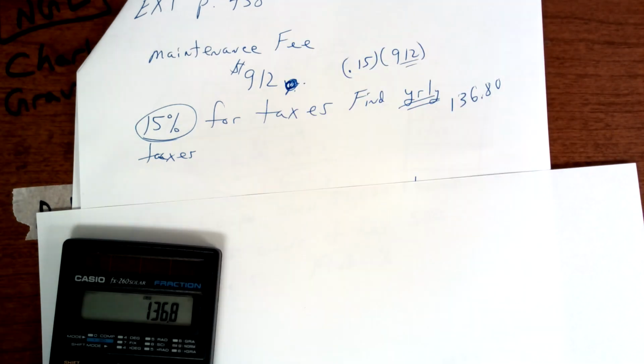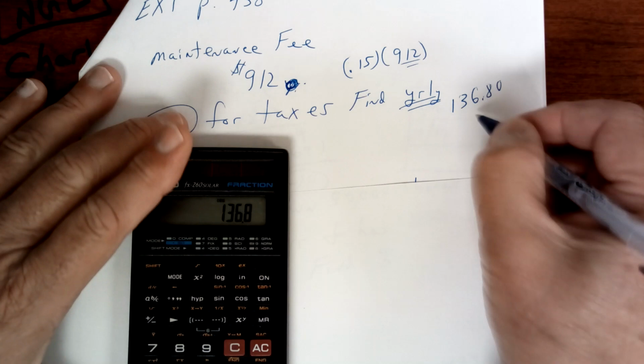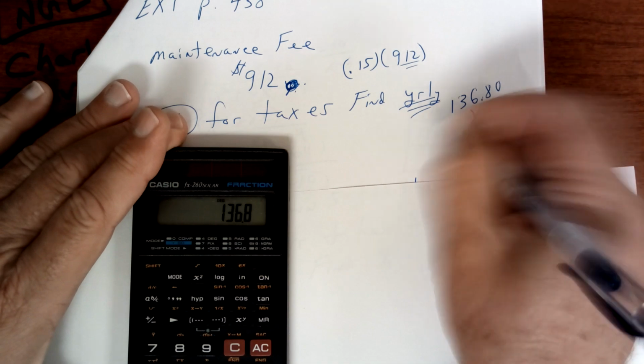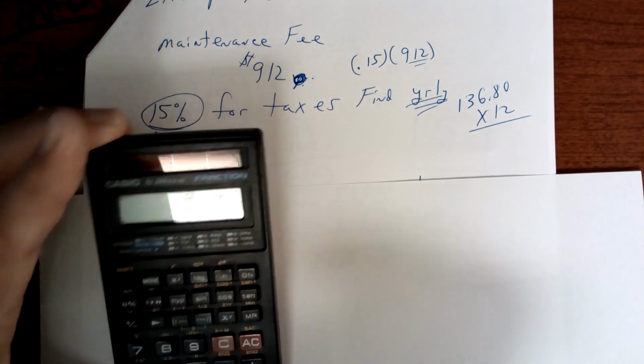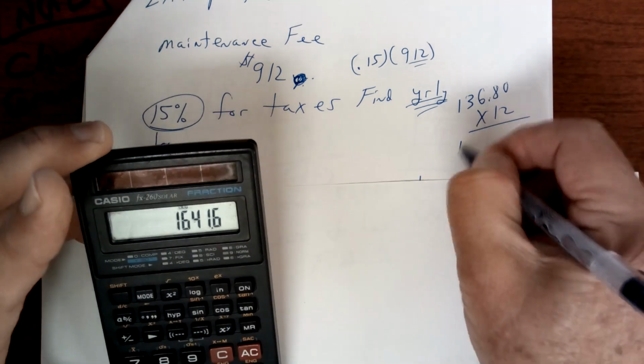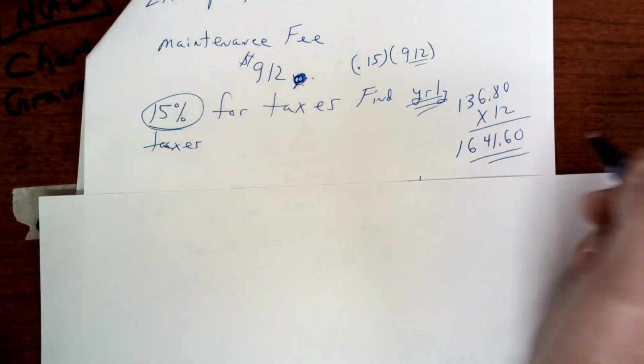Let's back up. So we're going to take 15% and we get this. So we're going to multiply that by 12 simply because they say what is the yearly amount. So times 12, and again, you can verify it. So you're going to be paying about $1,600 in maintenance fees for that property.